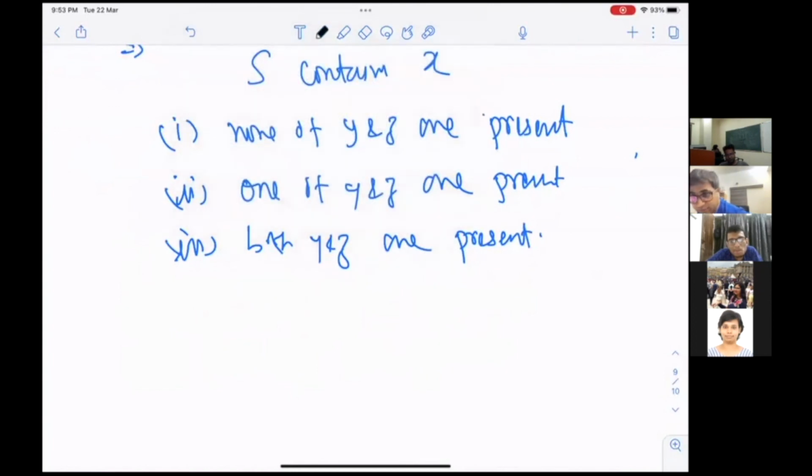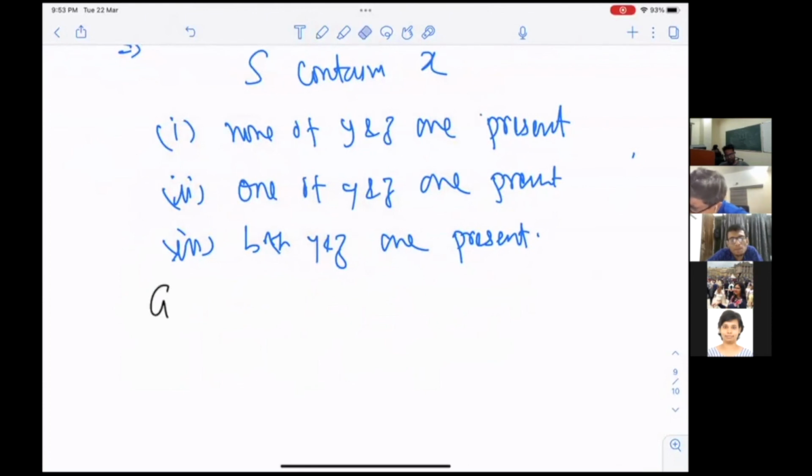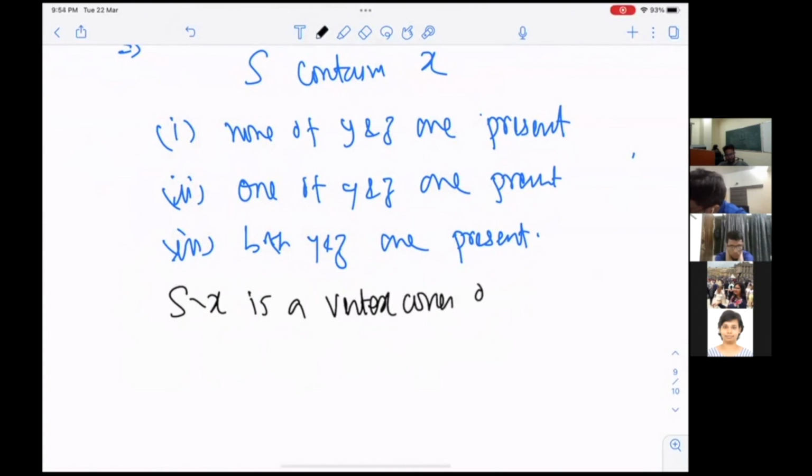Okay, now if both Y and Z are present, notice that S minus X is a vertex cover of G minus X, of size K minus 1.